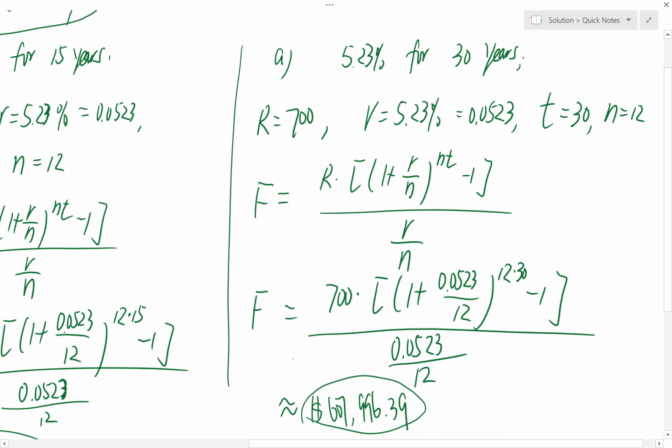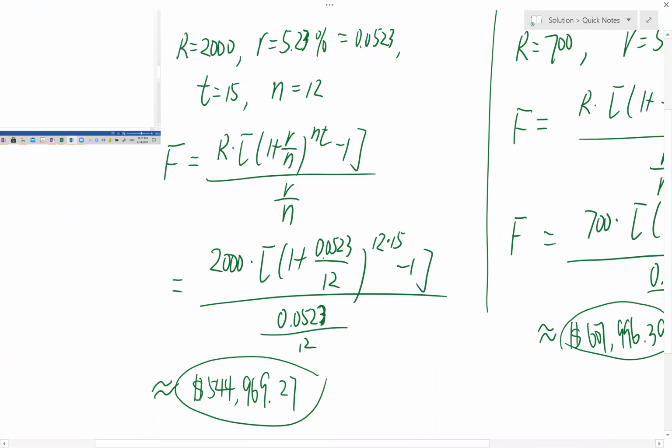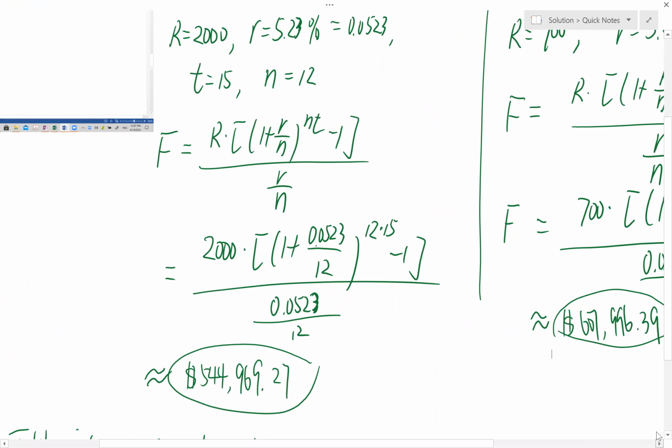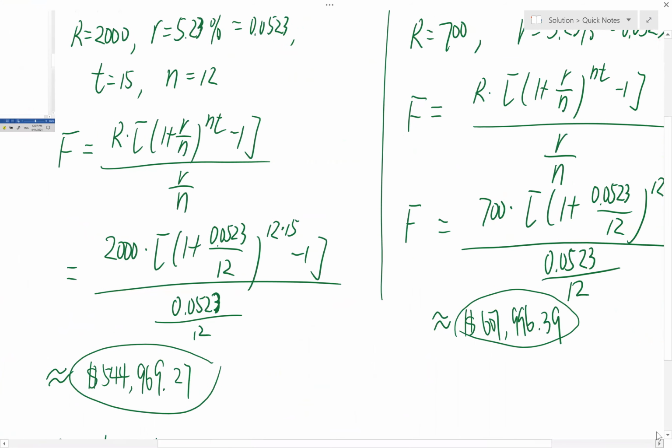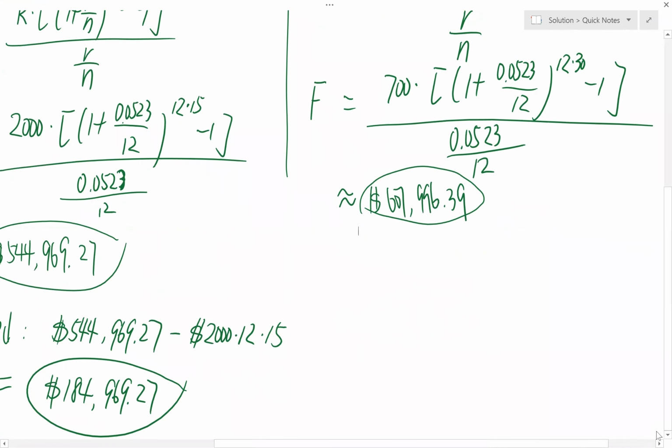And if you look at the interest, you'll be more surprised. First of all, you end up with more balance, about 63,000 more in your retirement account. If you calculate the total interest earned, that's the actual difference.